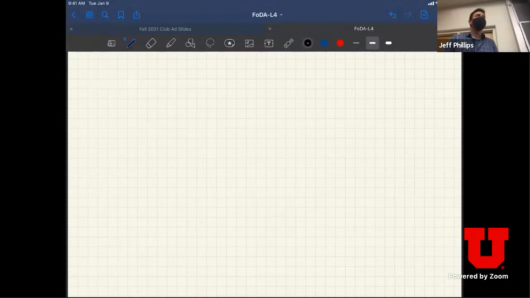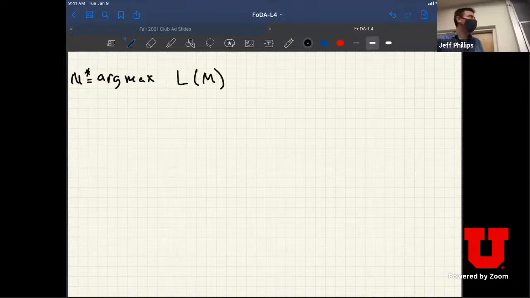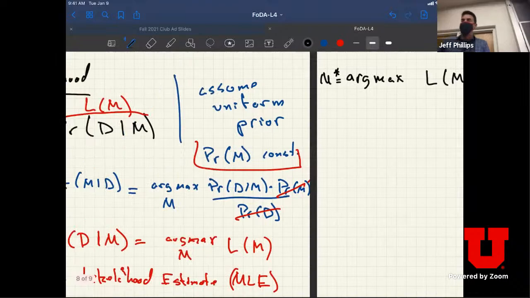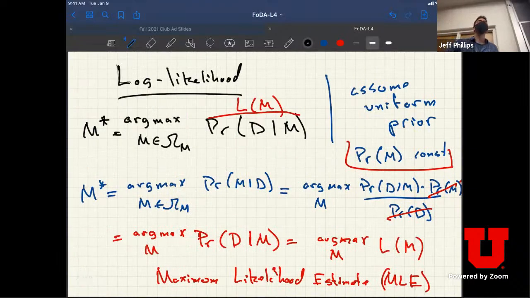Okay, the next transformation we're going to do is, I want to say M star equals arg max of some likelihood of a model. Sorry about the handwriting.